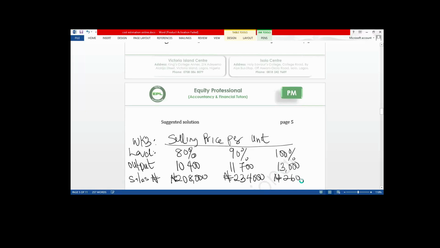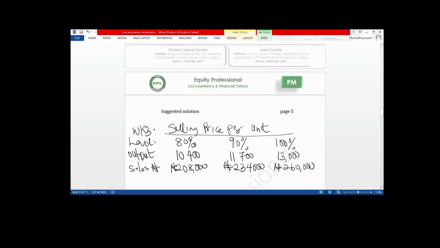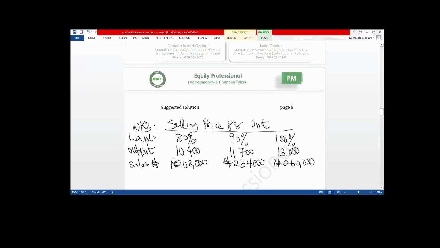Now we can calculate the selling price per unit at each level: total sales value divided by the number of units produced and sold. 208,000 divided by 10,400, what do you have? 20 naira. And here? 20 also.